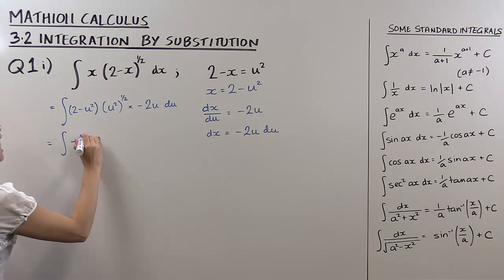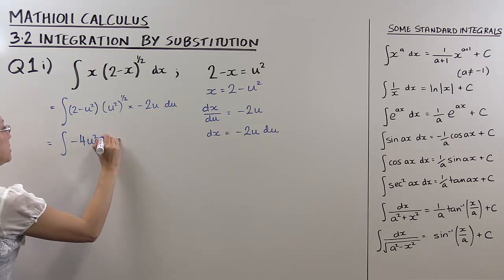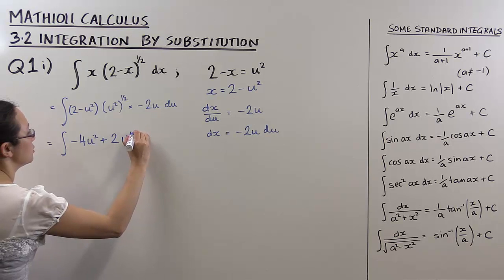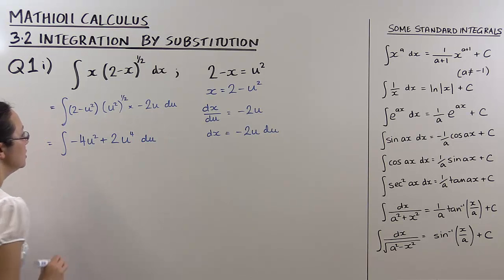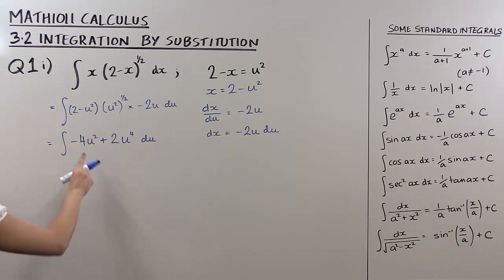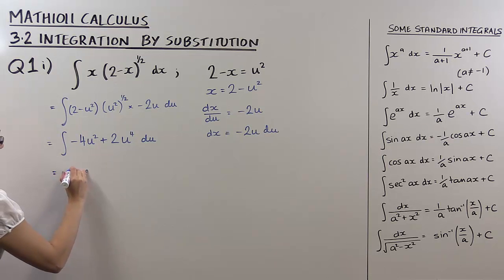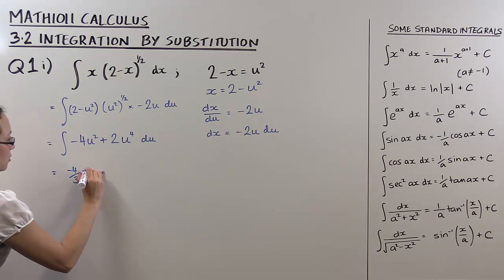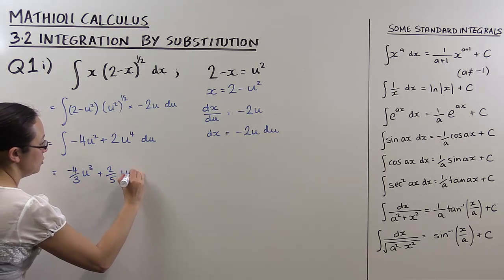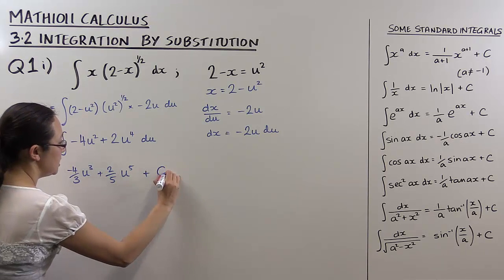So that's minus 4u squared plus 2u to the 4 du. So once I expand and simplify this, I'm going to get this expression here. I can integrate this because these are just powers of u. So minus 4 over 3 u cubed plus 2 over 5 u to the 5 plus c.